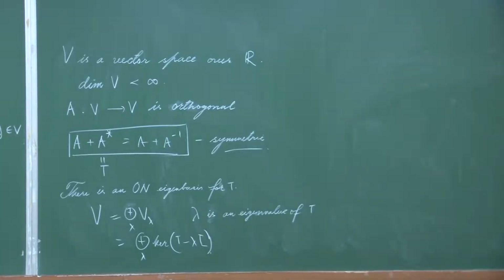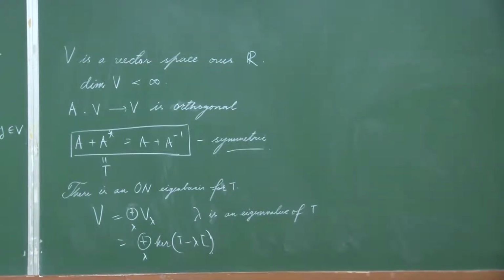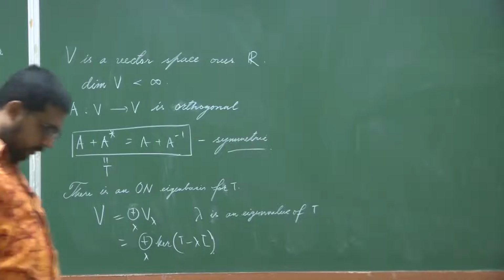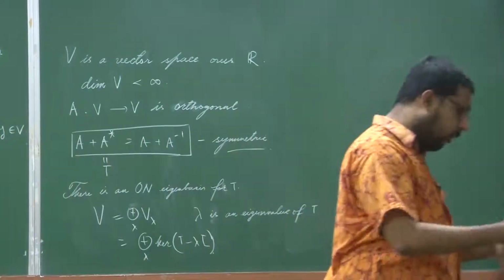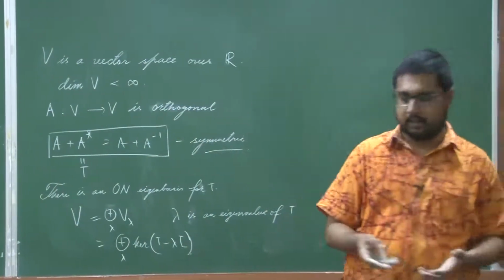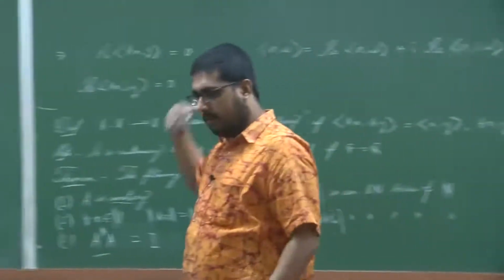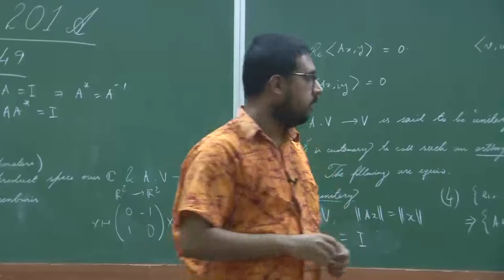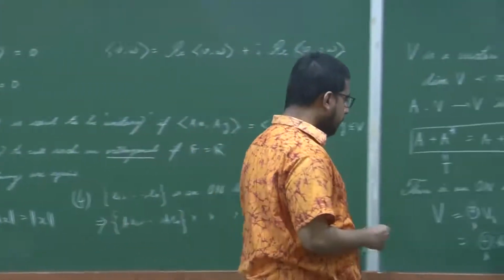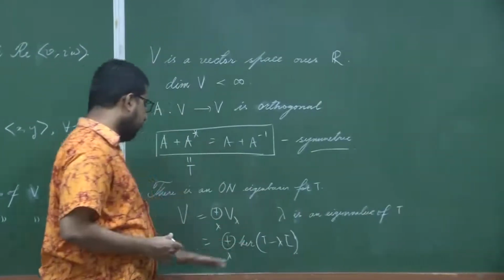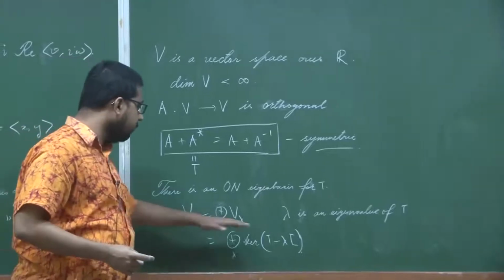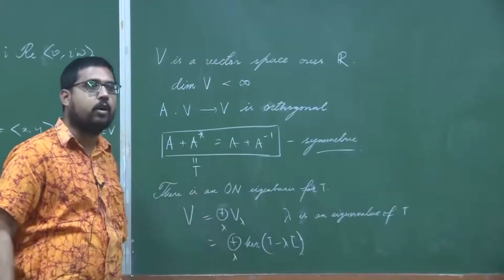Of course, we will not have a diagonal matrix, but we will try to achieve a block diagonal matrix where the blocks are in a sense very well behaved and do not have big size. So we will see that. This is a decomposition of V into the eigenspaces of T.